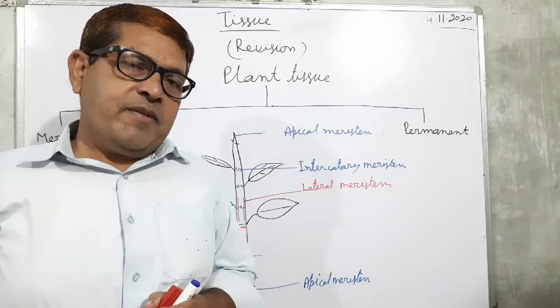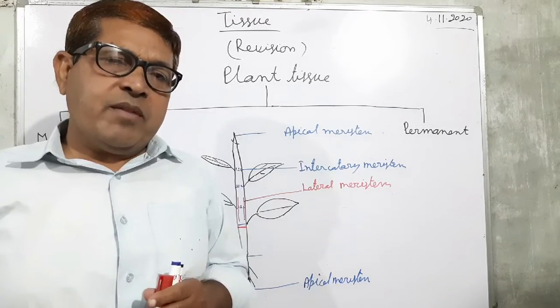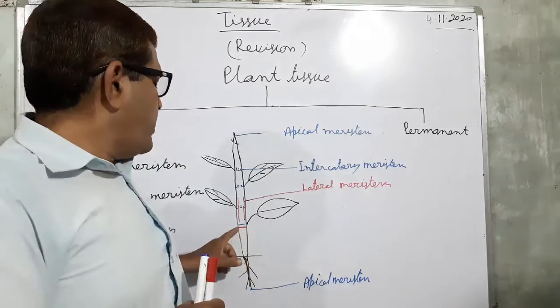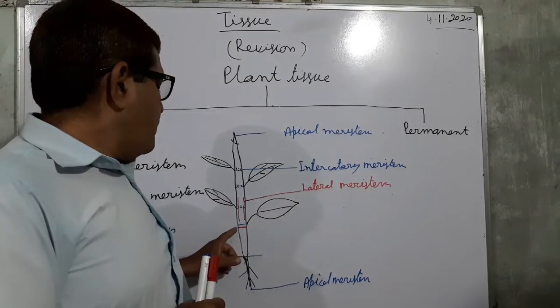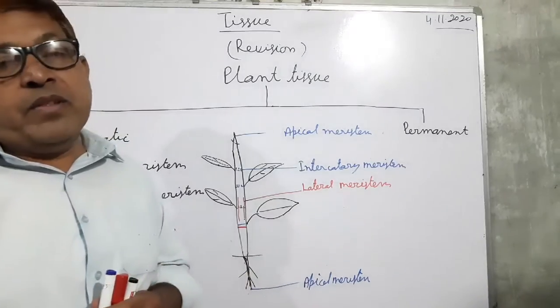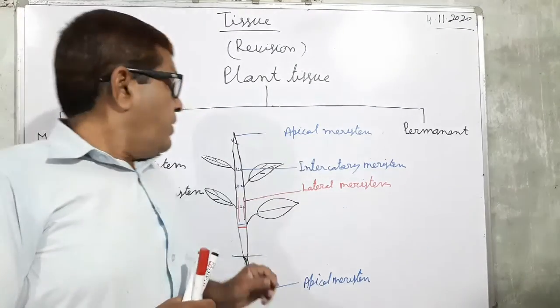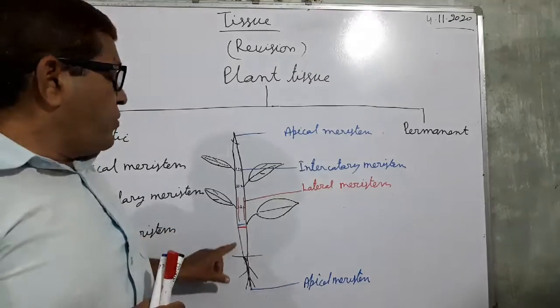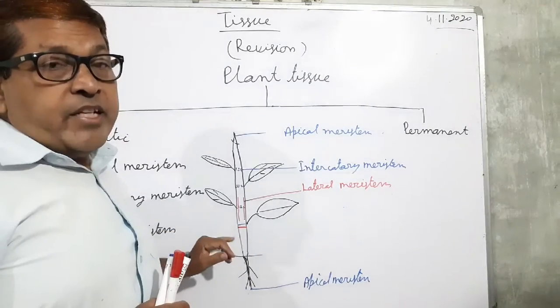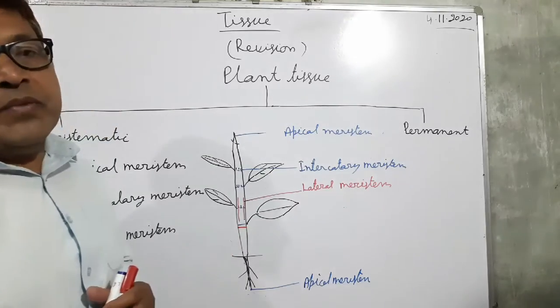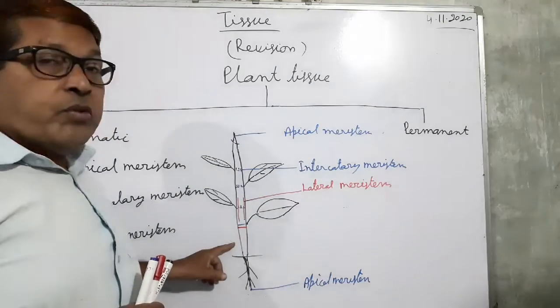What will he observe? Any change? No, there will be no change in the height of the mark from the ground, because in this region there is no apical meristem, so there is no growth.